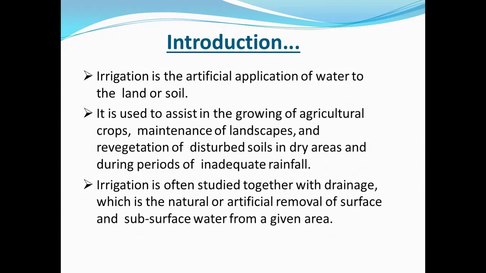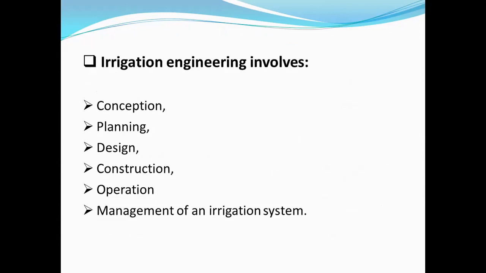So the main thing is irrigation is defined as the process of artificially supplying water to the soil for raising crops. Mainly irrigation engineering involves conception, planning, design, construction, operation, and the last one is management of the irrigation system, right?